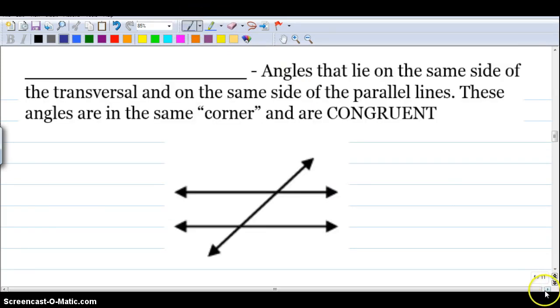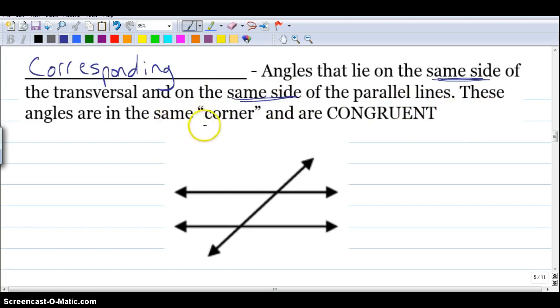Alright. So first, we're going to go into angles called corresponding. Corresponding angles are angles that lie on the same side of the transversal and on the same side of the parallel lines.